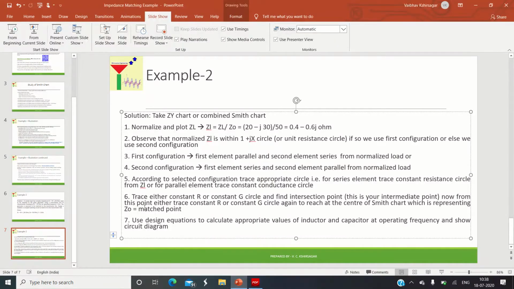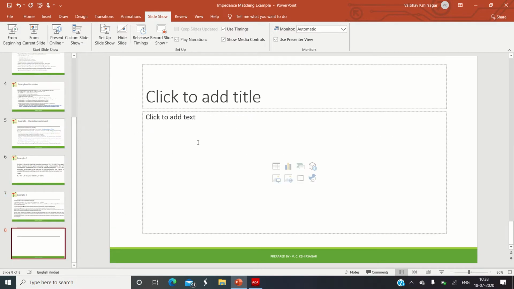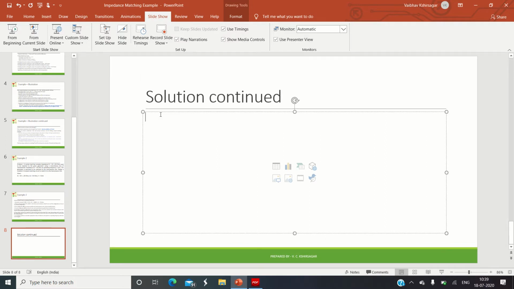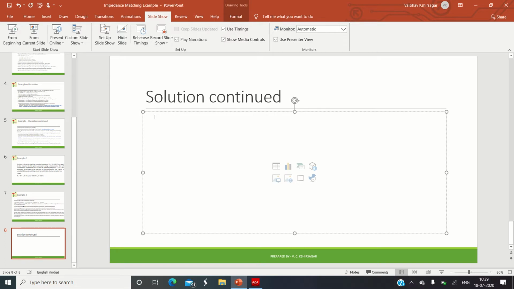So I will make a new slide here in the solution and write solution continued. Let us say this is step number 8, which is path 1.